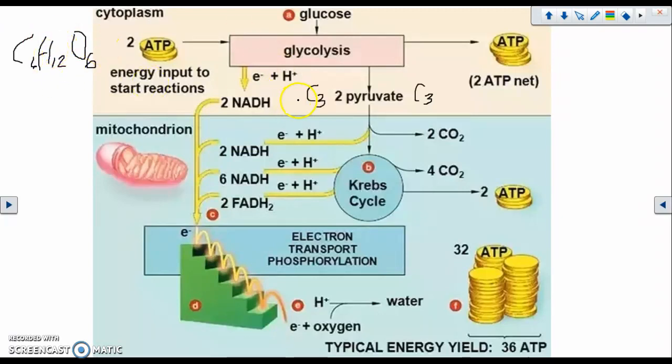Those hydrogen atoms are taken up by this molecule called NAD. NAD without carrying hydrogen is called just NAD. When it starts carrying hydrogen, it's called NADH. It's a highly complicated molecule. We're not going to talk about the whole name of it. So NAD takes up excess hydrogen created from the splitting into two pyruvate molecules. That process, by the way, is called glycolysis. Again, it happens in the cytoplasm, and it doesn't require oxygen. So this is anaerobic. No oxygen. An means without, aerobic means oxygen.